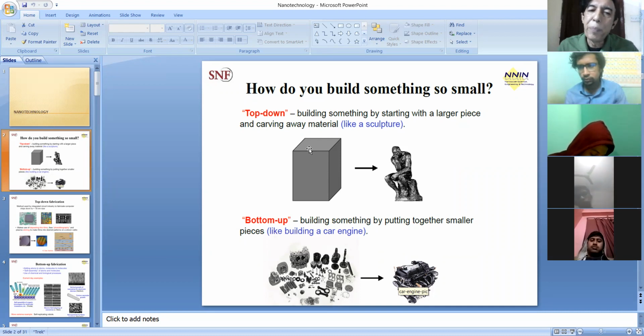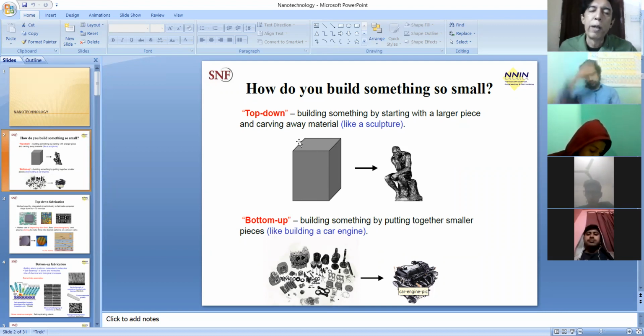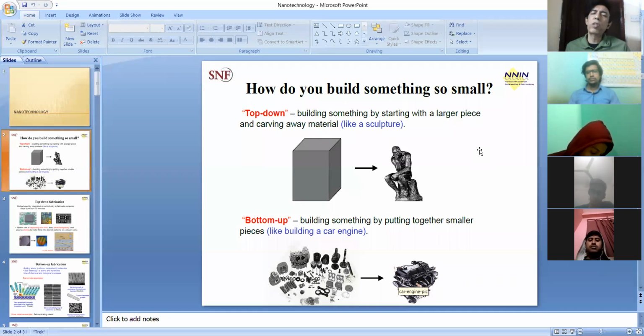But if I break a bigger material down to a 50-atom nanomaterial, then the other material is a loss of material. So the top-down method is not very popular, but in some cases it is used, where the bottom-up process cannot be used. Still, the bottom-up method is very much popular.